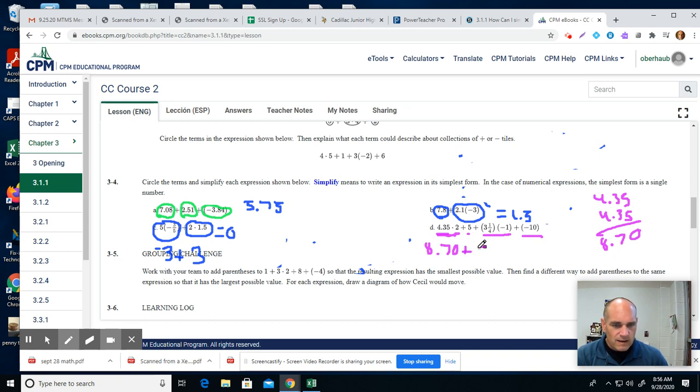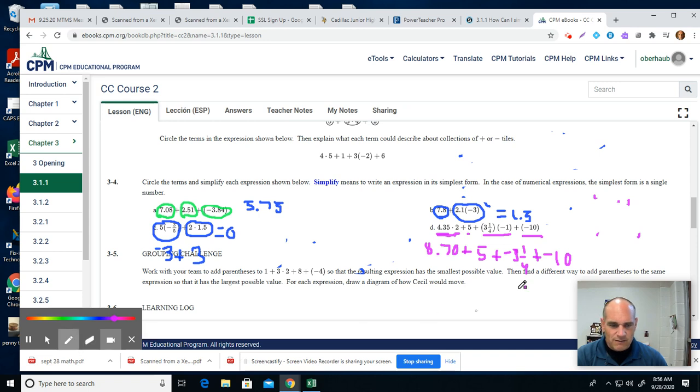Plus positive 5. That's this. Plus, let's see, the signs are different, so that becomes a negative 3 and 1/4. Plus a negative 10.